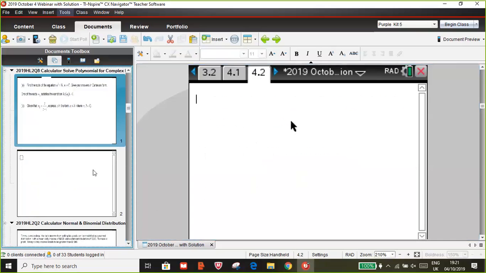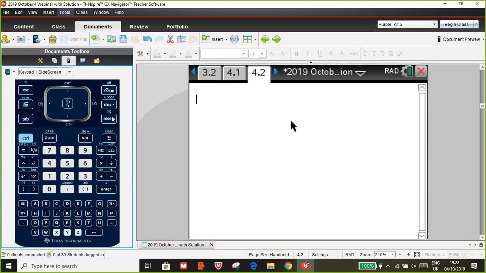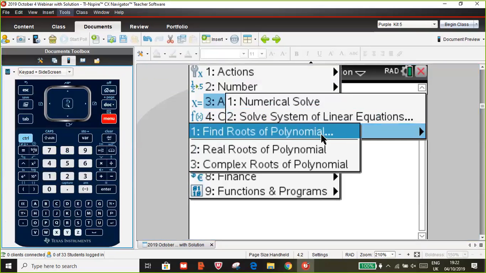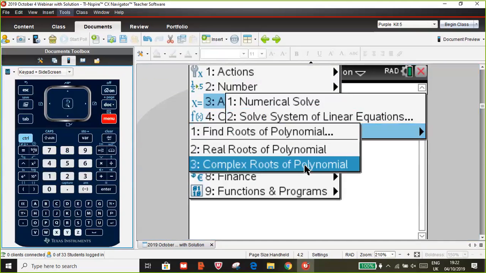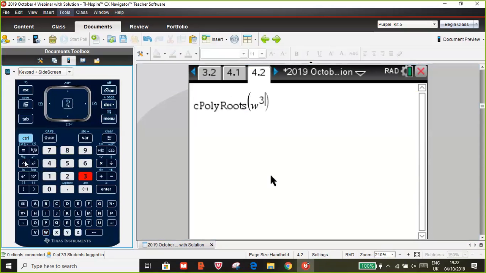So the simplest way now is to solve it using polynomial roots, right? So go to menu, and the algebra, do the same thing, complex roots. Type in what we see, which is w cubed minus 8i.